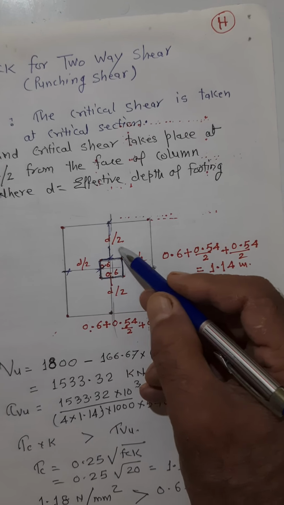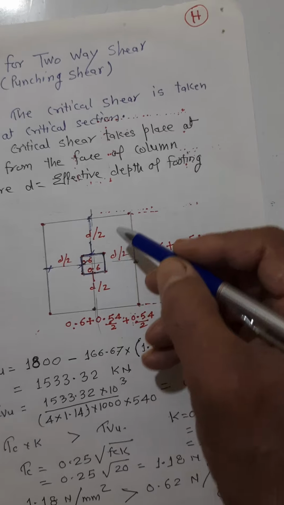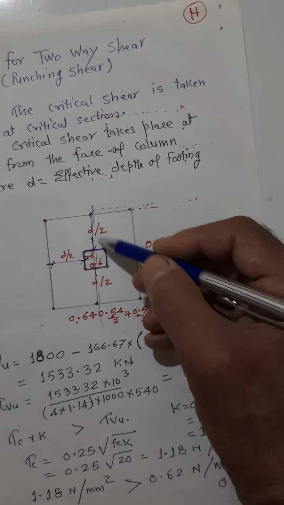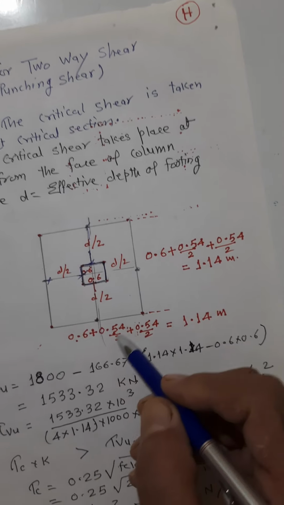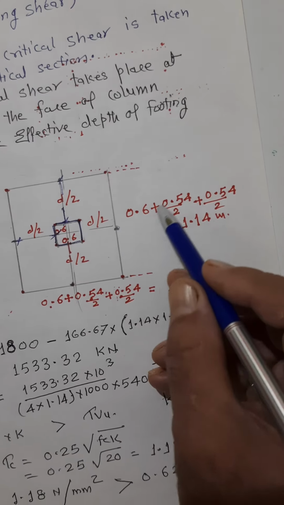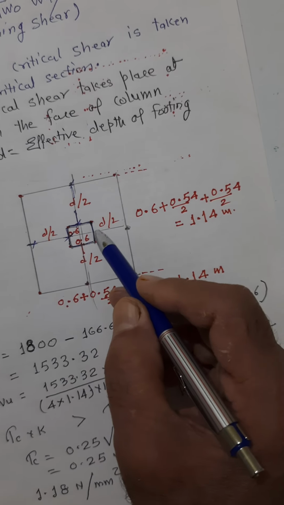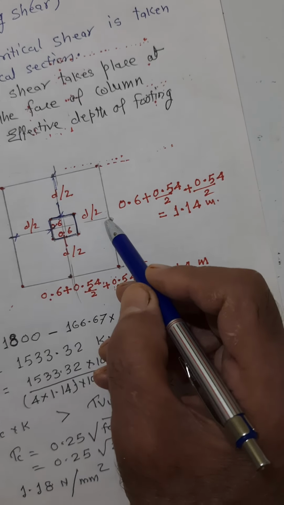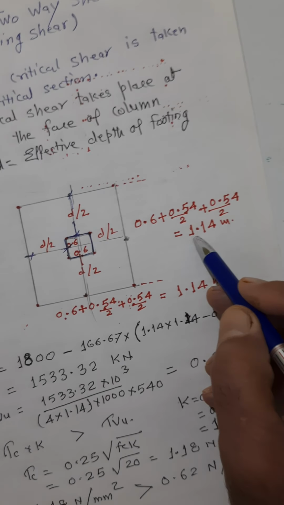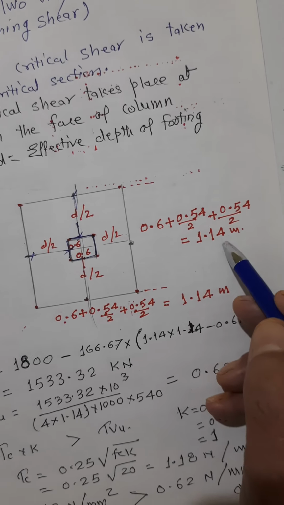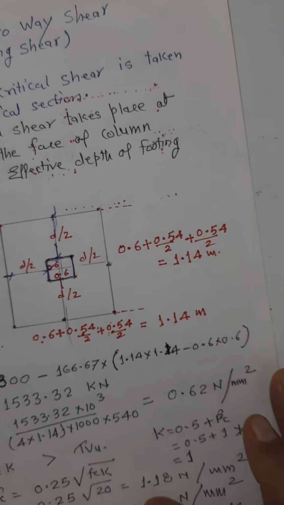So if this is the column face of 600, then d by 2 from here, d by 2 from here, it comes out to be 0.6 plus d by 2 plus d by 2, which is 1.14. This is 1.14, this is 1.14.